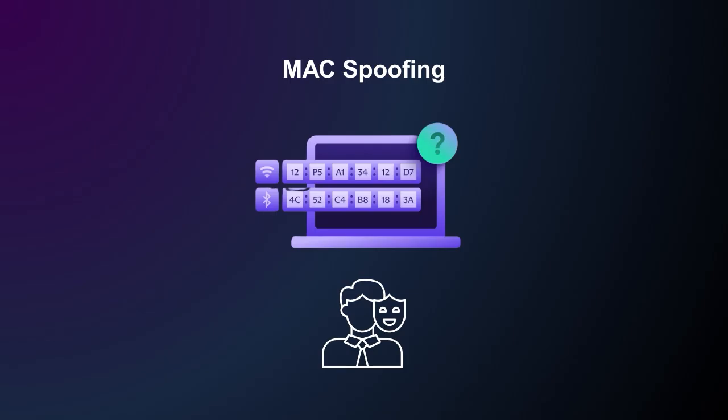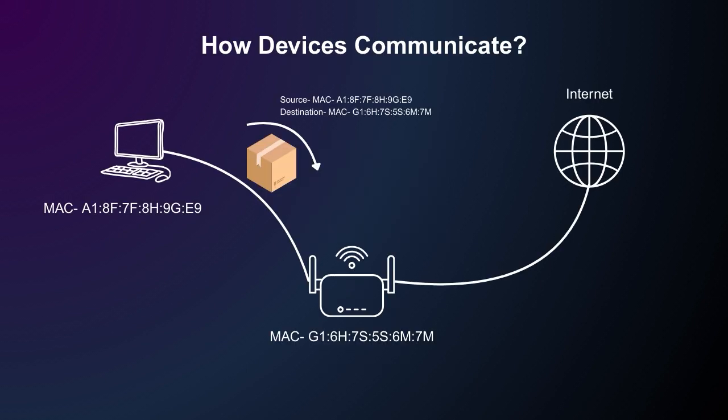So now, since we have learned a lot of things, we have learned about networking basics, what is IP address, what is MAC address, and how we can actually change our MAC address, or you can say in the technical language, how we can actually spoof our MAC address. But before capturing packets on the network or targeting a particular router or a network, we have to know how these devices communicate over the network, how they actually respond to the internet, and how they actually get responses back from the internet.